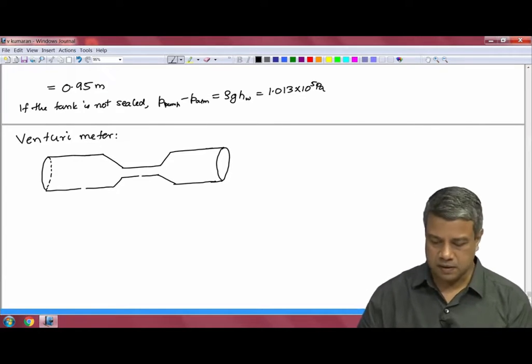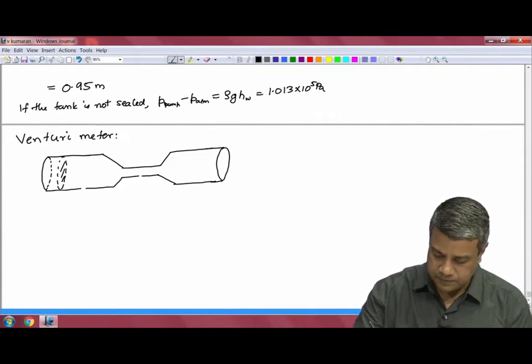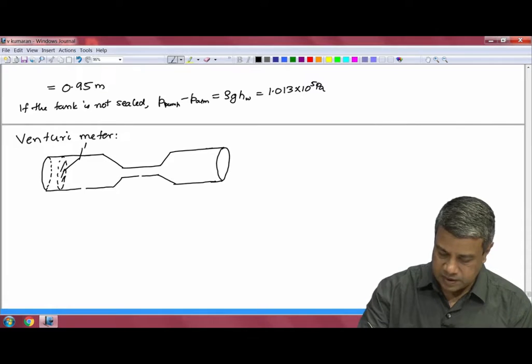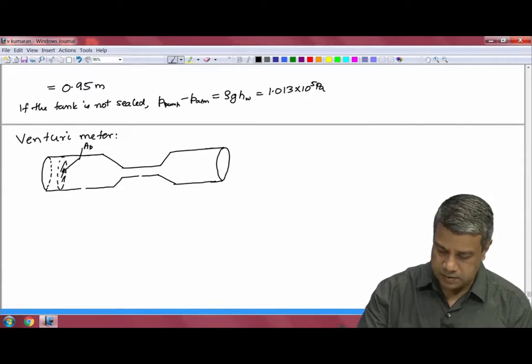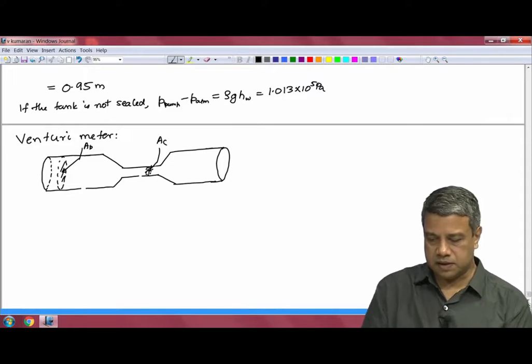Pipe of diameter d, and I will call the cross sectional area of the pipe as AP, and the cross sectional area of the contraction is going to be called AC.